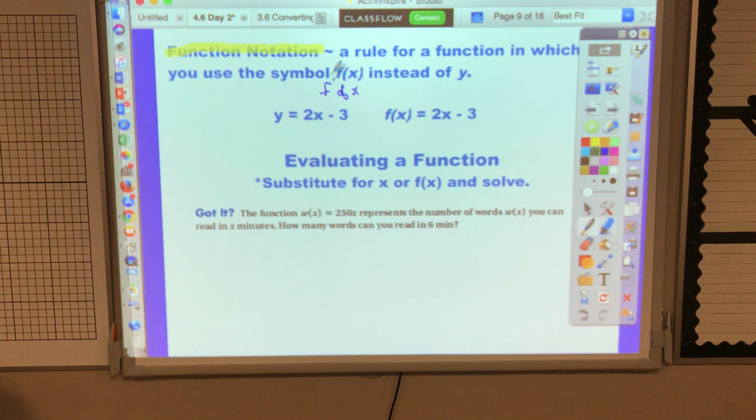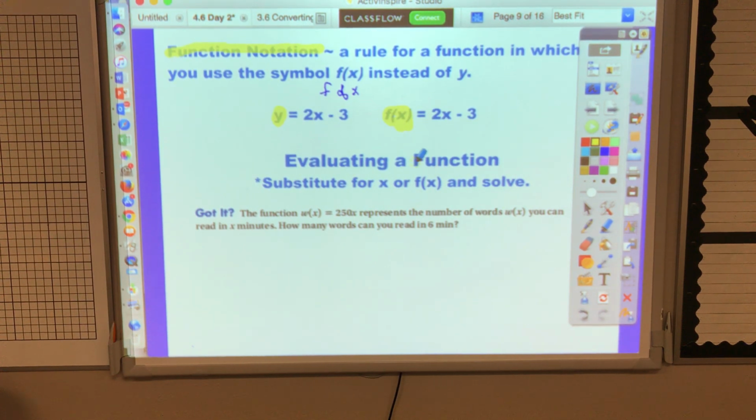Instead of your output saying y, it says the function of x. So here we have an equation like we've seen before, y equals 2x minus 3. In function notation, the only difference is instead of using y, they wrote it with f of x, right? Saying if we plug in x, we will get an output.